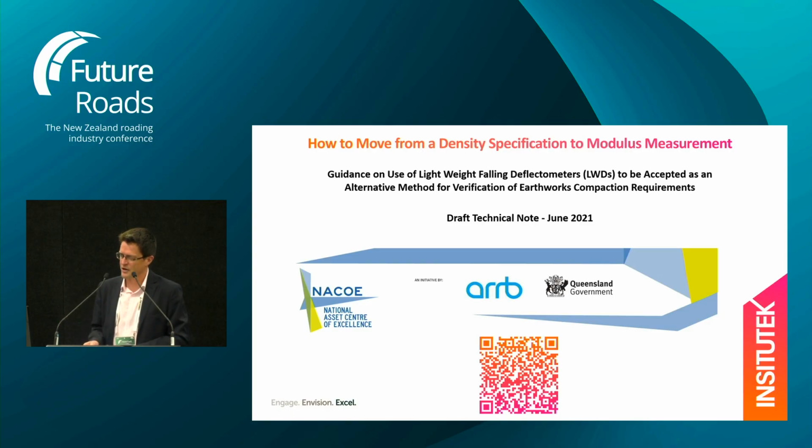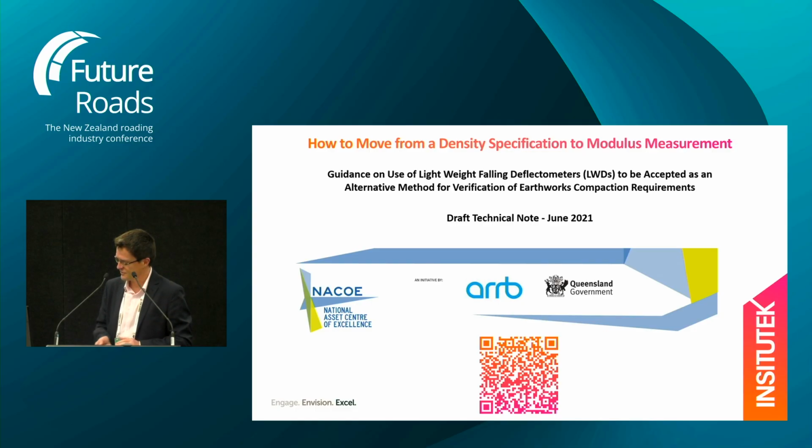In some cases, they don't have that luxury, and so there is a technical note which has been created. This is part of the ARRB, which is now the National Transport Research Organisation. This technical note is basically a how-to guide of how to take a density specification and translate that into using the lightweight deflectometer as an in-situ testing method.